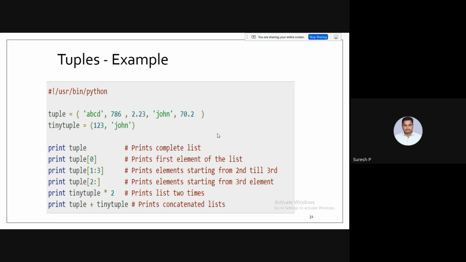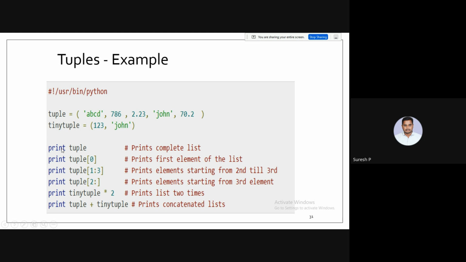Similar to a list, tuples can also be accessed using indexing and slicing. Here we have two tuples. One is tuple, another one is tinytuple. Tuple equals ABCD 786 2.23 John 70.2, and the tinytuple will be 1 2 3 and John.